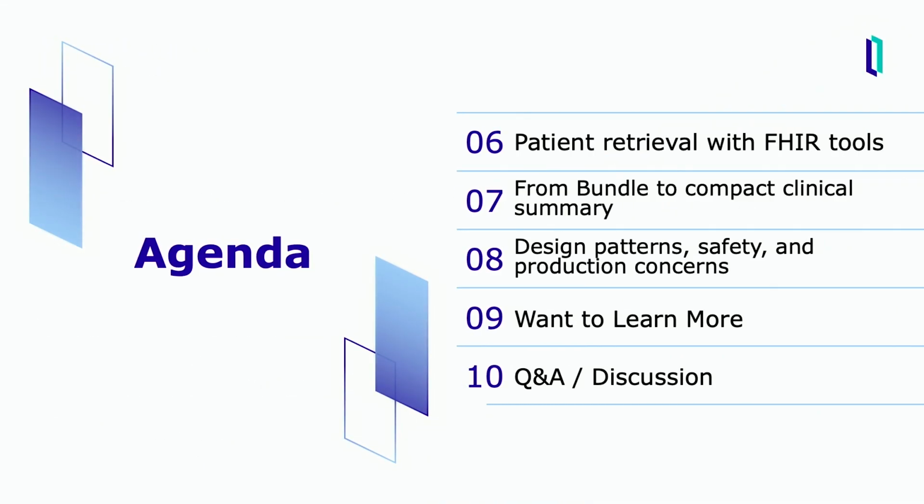We're going to focus on execution in this second half. We're going to walk through how the agent retrieves data from FHIR, how terminology feeds into search, how a bundle becomes a compact summary, and what safety and production concerns appear when you move from the demo area to deployment.